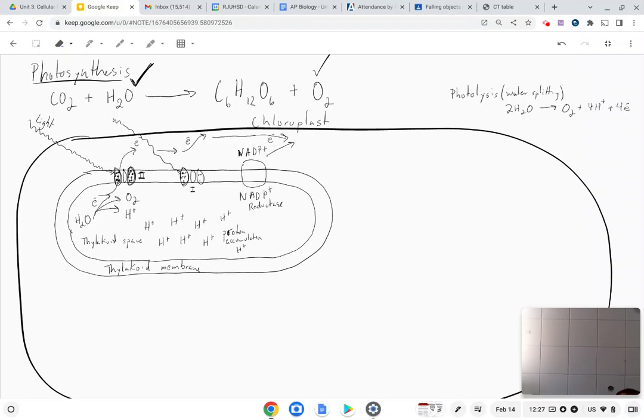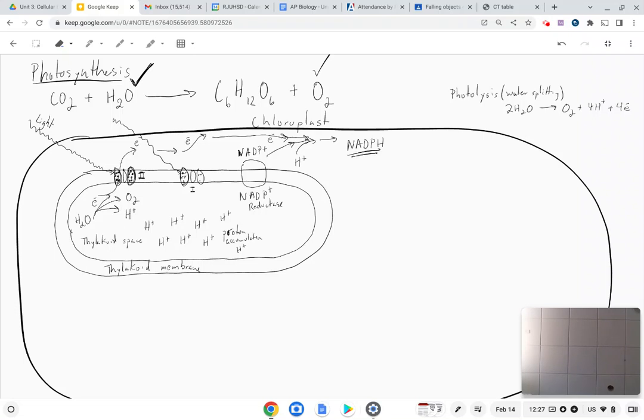And the proton is in solution already. But if you get these three things coming together, an energized electron, a proton, and an NADP plus, you will get an NADPH.